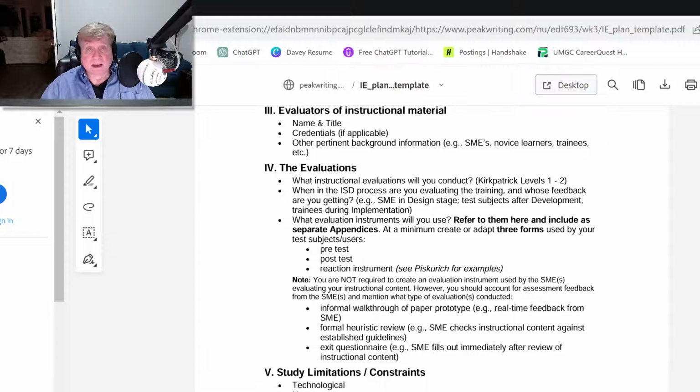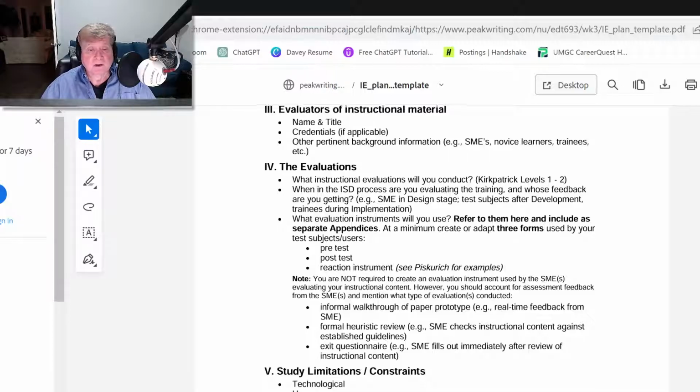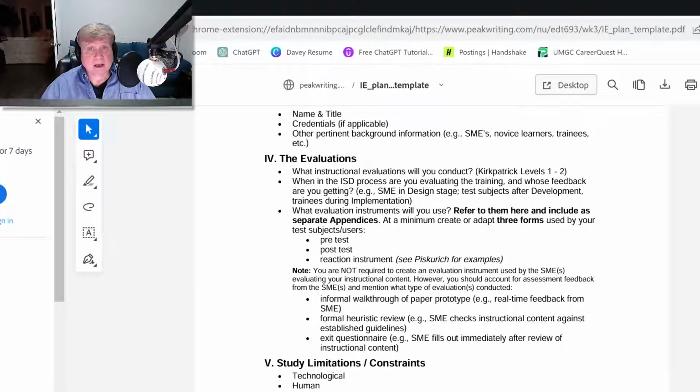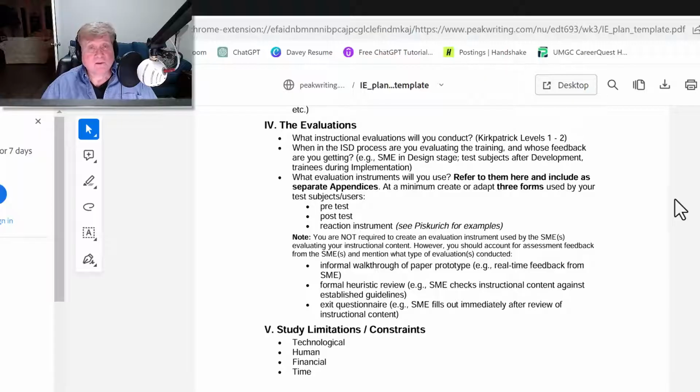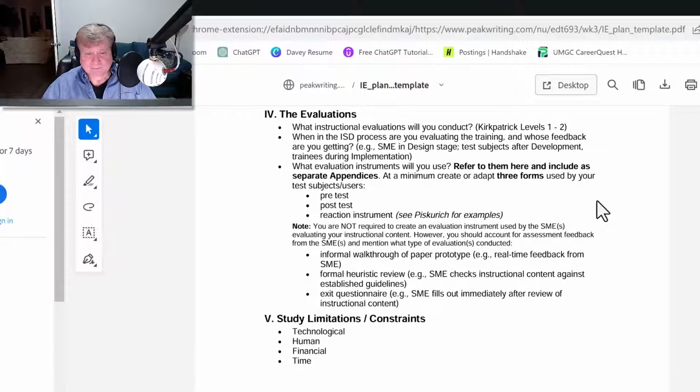You want to have a pretest, and this is what you give to your target users, your evaluators, before they ever see the site to find out what they know. And then a post-test after they have done the course to find out how much they've learned. And then a reaction instrument. This is often called the SMILES instrument. A reaction instrument is whether they like or dislike the course, what they liked, what they didn't like. The smiles, or frowns, as the case may be.